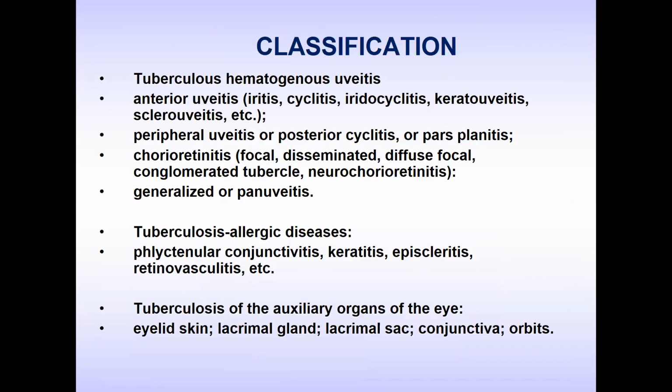Classification is tuberculous hematogenous uveitis, and it can be iritis, cyclitis, keratouveitis, and so on.